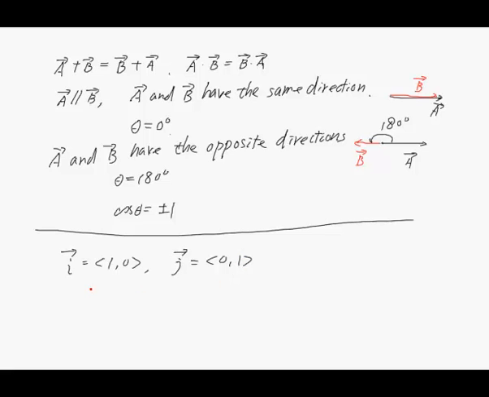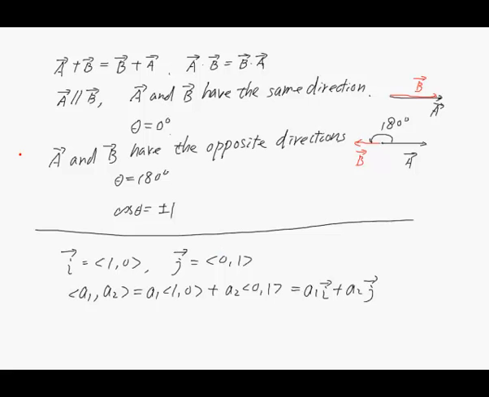And any vector in component form, A1, A2, can be written as the linear combination of these two unit vectors. So that is A1 times 1, 0 plus A2 times 0, 1. So it is equal to A1 times i plus A2 times j.